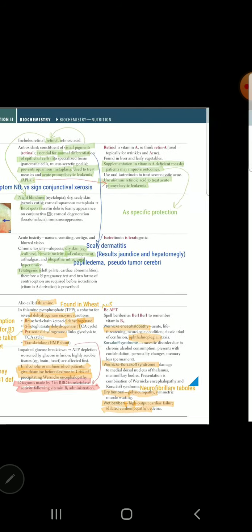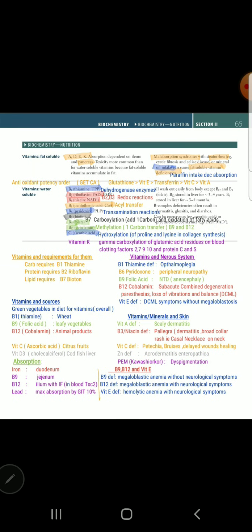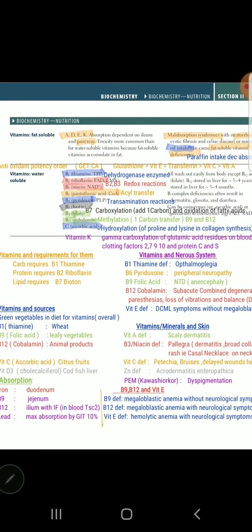Then moving back to the first page, we will summarize: B1, B2, B3, B5, 6, 7, 9, 12, their names, cofactors, enzymes and roles are very important.